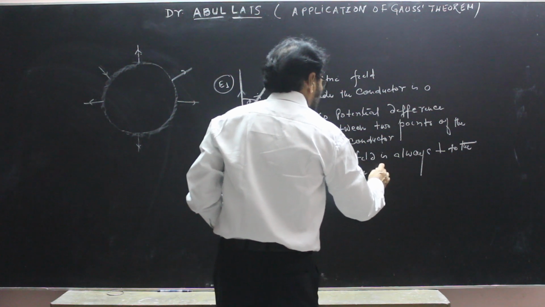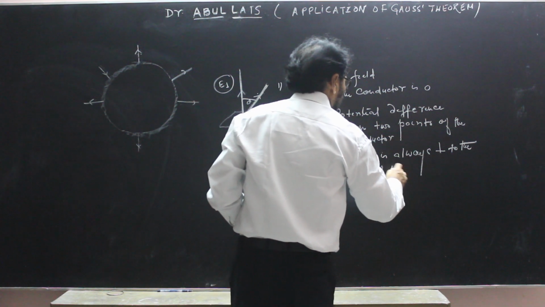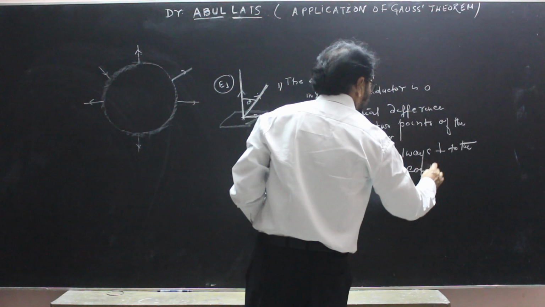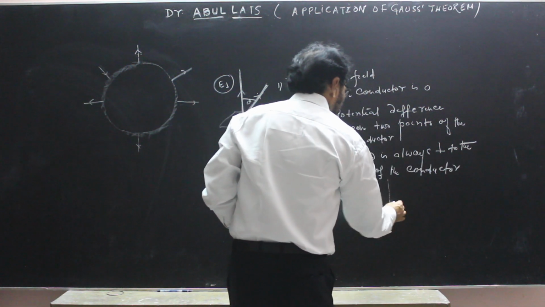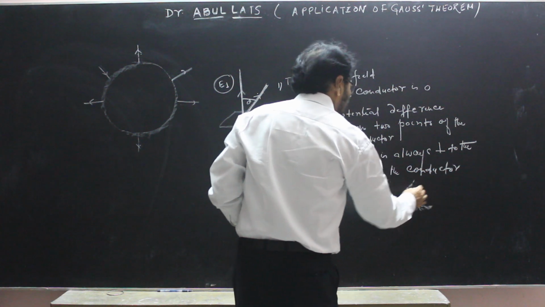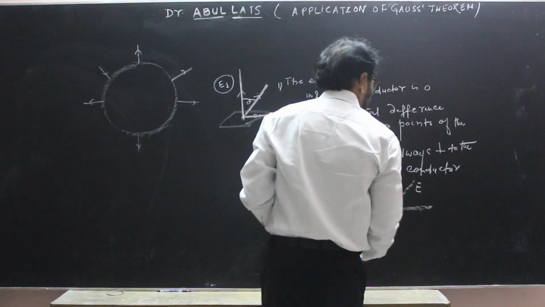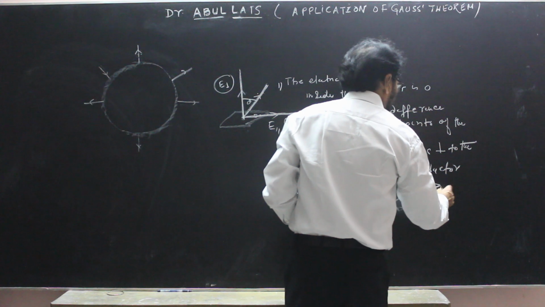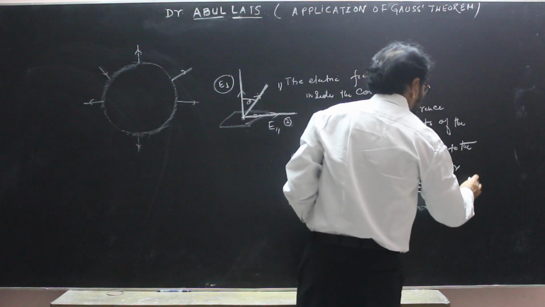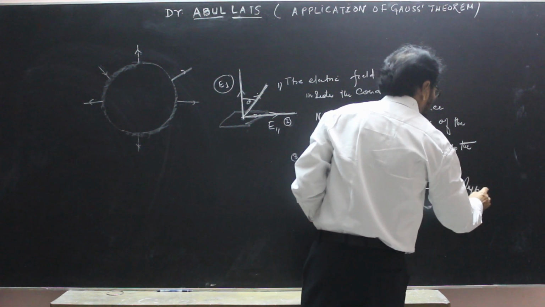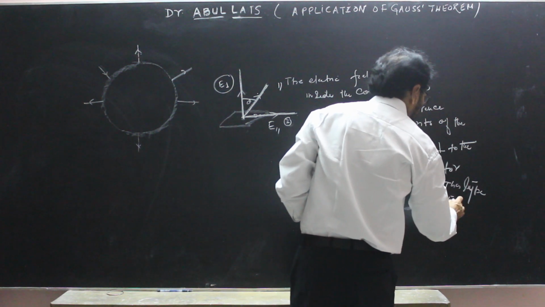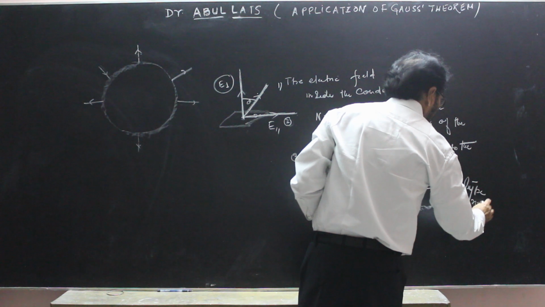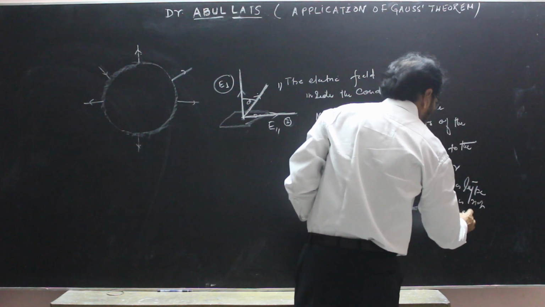Surface of the conductor, like that. This type of electric field is not possible. This type of E is not possible.